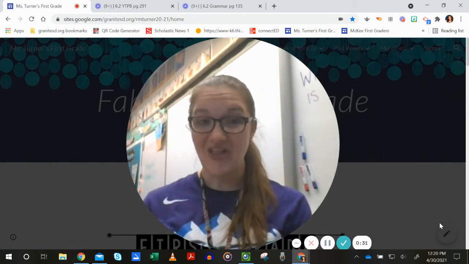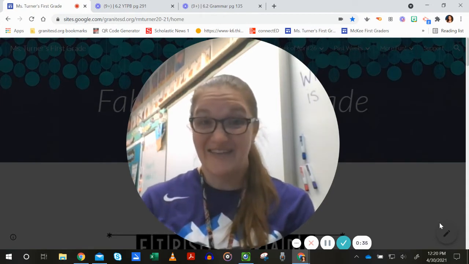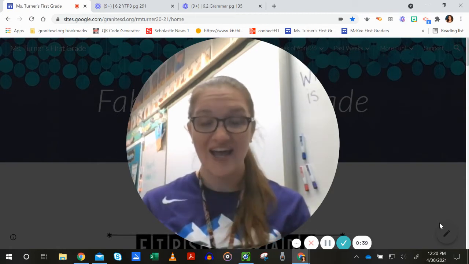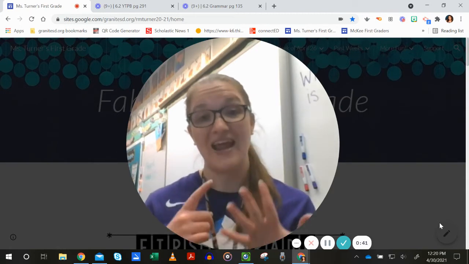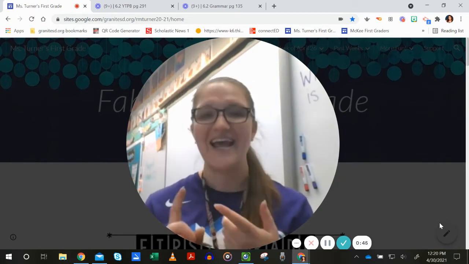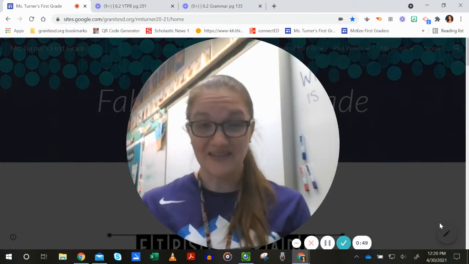Now, we've learned a lot of different ways to make a lot of different vowel sounds. In fact, the vowel sound this week, we've shown the sound ah, and we've shown that that can be made with an AW, an AU, an AUGH, AL, A by itself, all different ways to make that vowel sound.